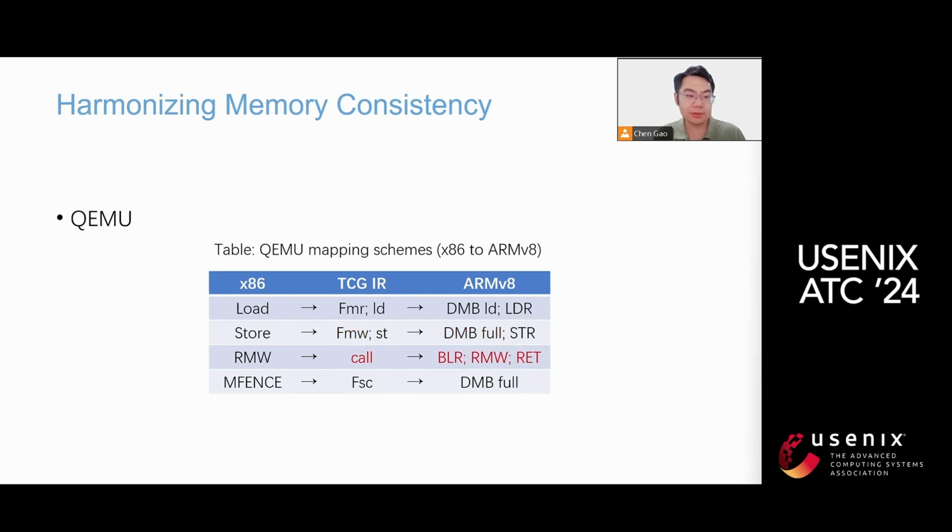Another issue arises with RMW instructions. QEMU translates RMW instructions with additional barriers by calling helper functions, which may result in incorrect results.